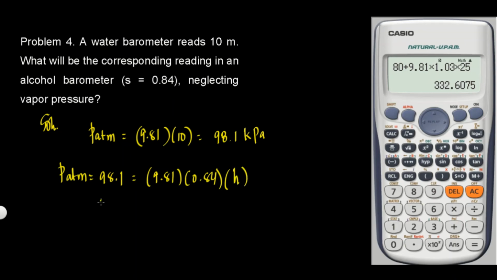So, H, therefore, is equal to 98.1 over 9.81 times 0.84, equals 11.90 meters.